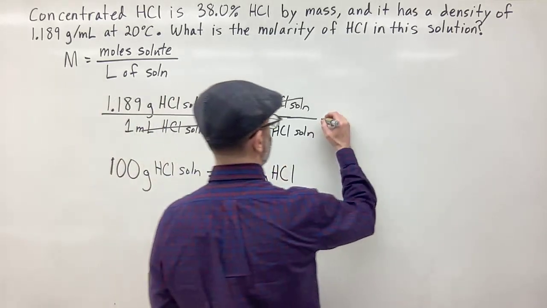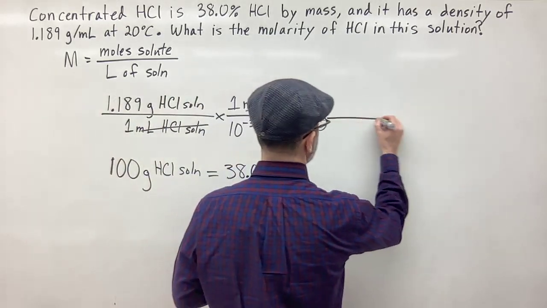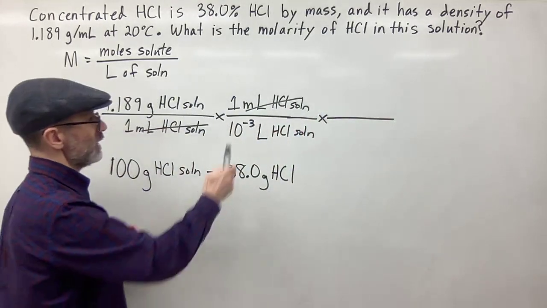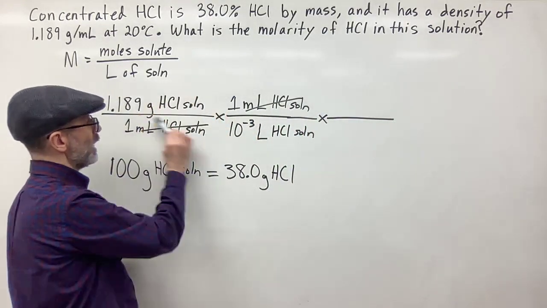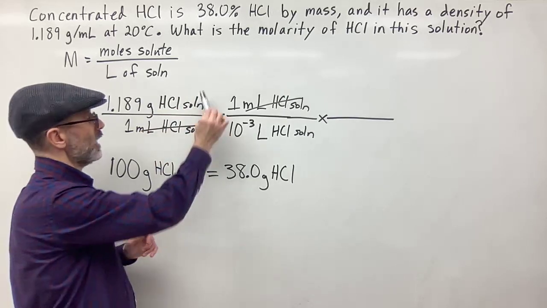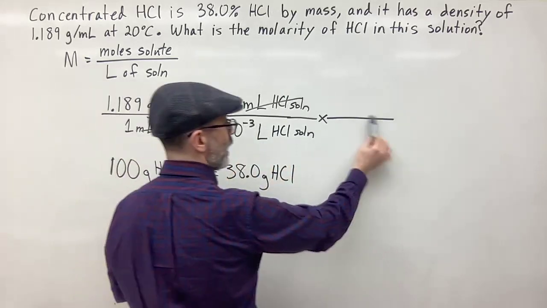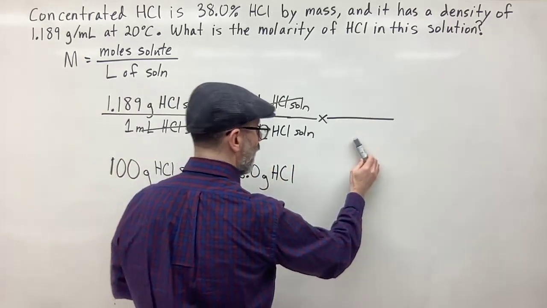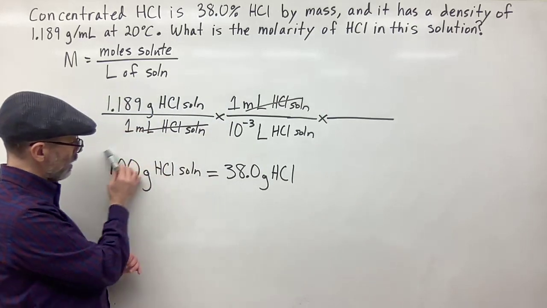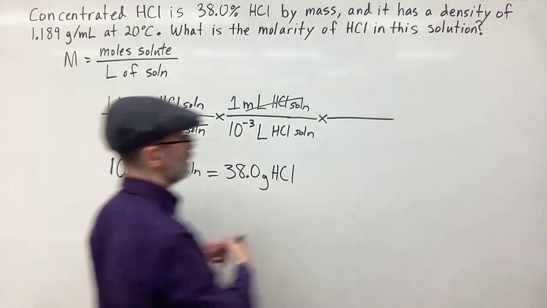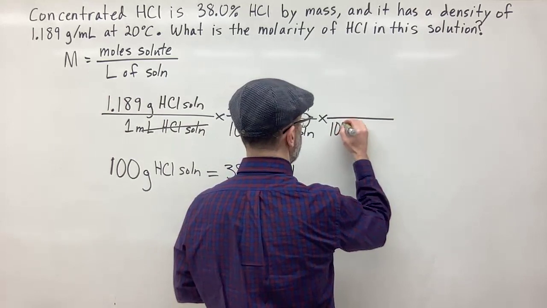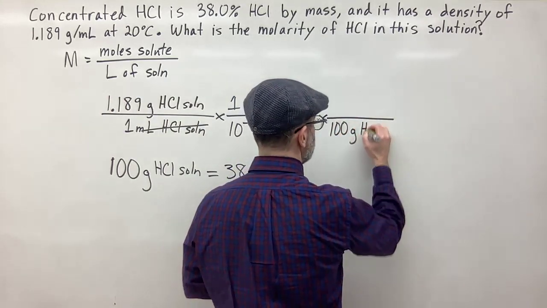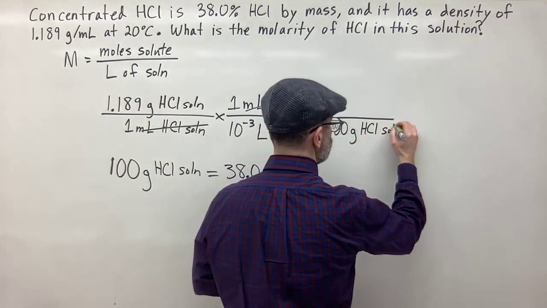So here's how it works. Since I have grams of the HCl solution on top, I'm going to want grams of the HCl solution on the bottom. So here I have 100 grams of the HCl solution, so I'm going to put that here. 100 grams of HCl solution.